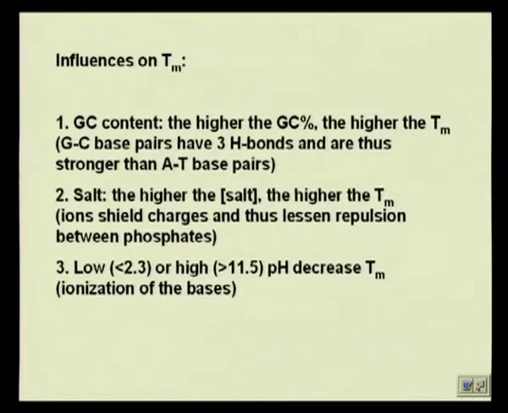Again the same thing when you increase the pH, you are disrupting the hydrogen bonding. So, how is that going to affect the Tm? It will decrease the Tm, because you are resulting in a larger disruption. All you have to think about is what effect each of these are going to have on the forces that are stabilizing the DNA, right.